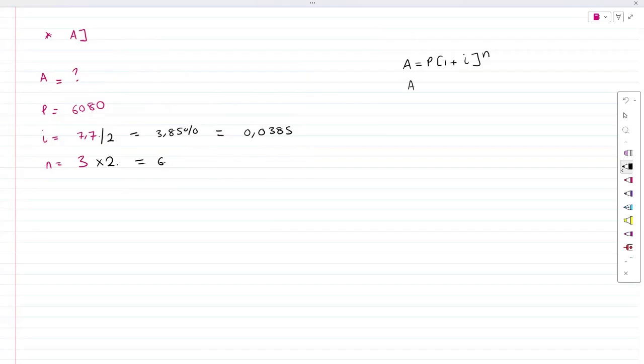A equals 6080 times, open bracket, 1 plus 0.0385 to the power of 6.